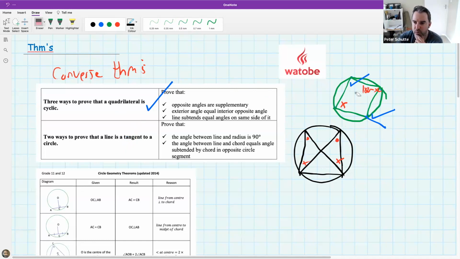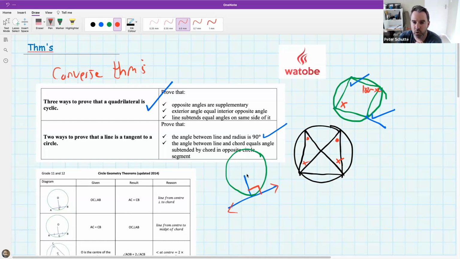And if we are going to prove that something is a tangent to a circle, what we need to prove is the angle between a line and the radius is 90. So if we have a line and then we have a radius, our radius has to go with a circle. If that angle is 90, then this line is a tangent.